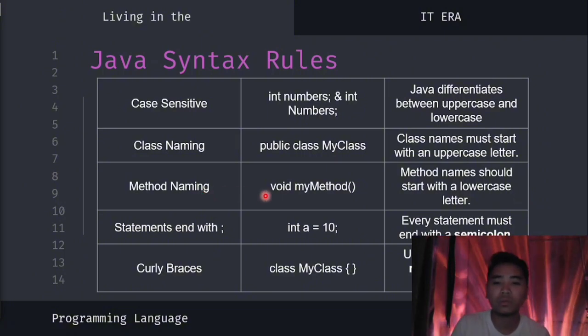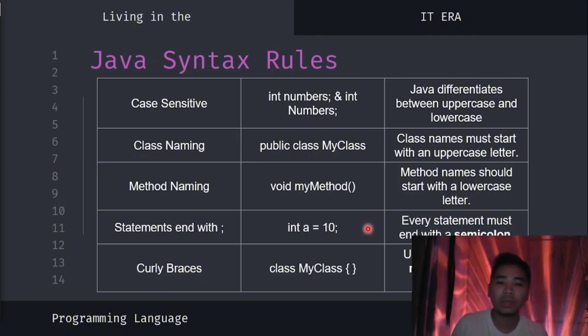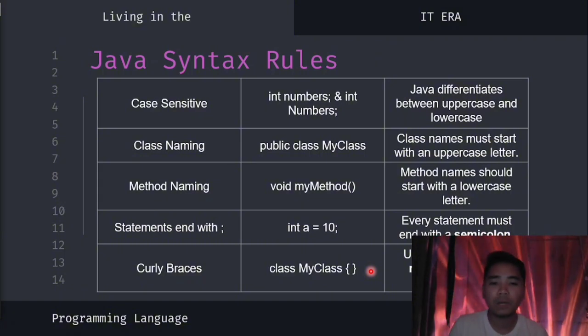For statements, there must be a semicolon, because if there is no semicolon, your program will not run. This is the rule in Java that every statement must end with a semicolon. Curly braces are also needed in Java to declare the class body so your code will run.